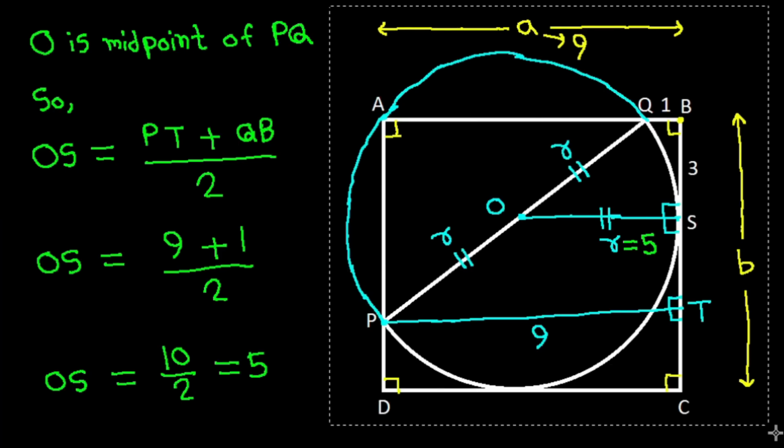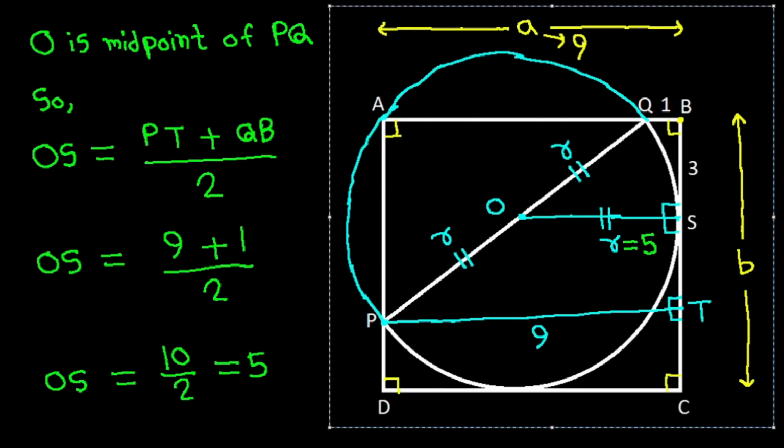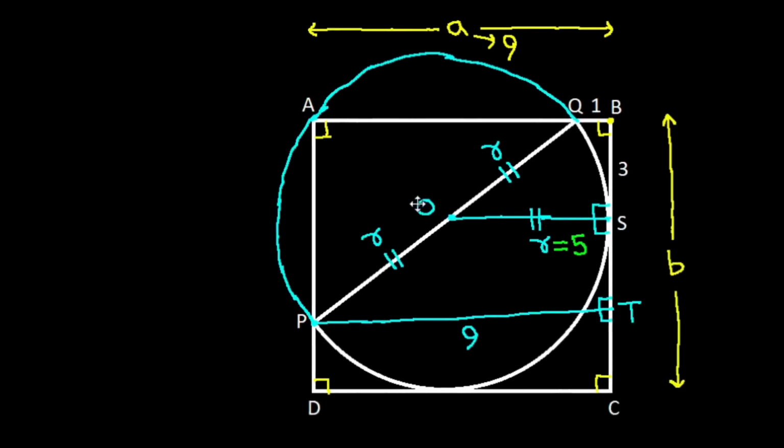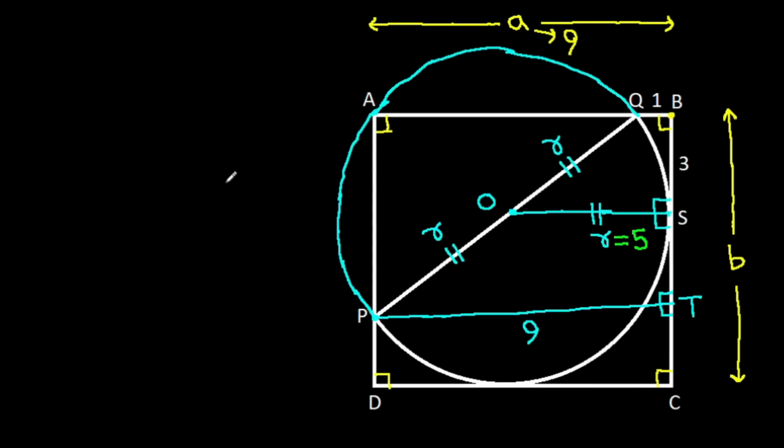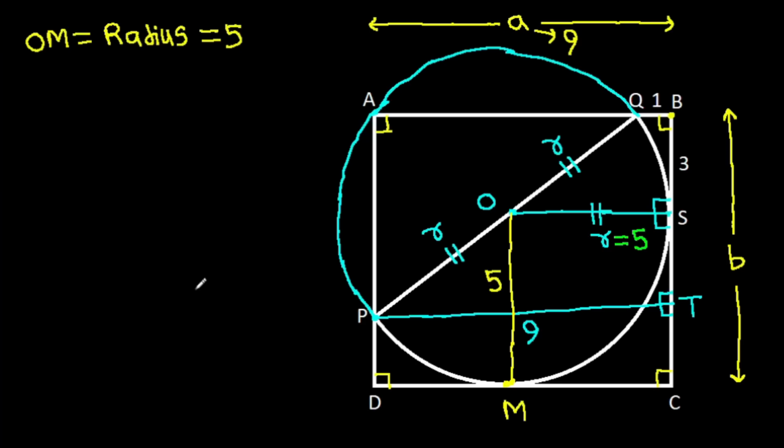Now suppose this point is M, then OM will be the radius, that is 5.